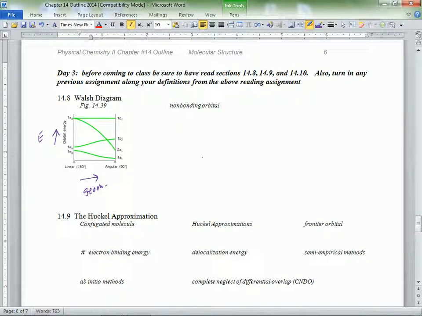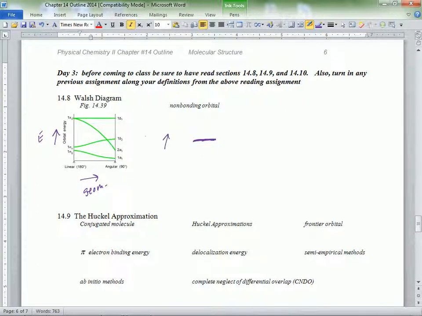So non-bonding doesn't contribute to the bonding character, doesn't contribute to the anti-bonding character. That would be a molecular orbital that's pretty much where on the energy scale in comparison to the atomic orbitals that you made the molecular orbitals from. Right? Here's the atomic orbital energy level.